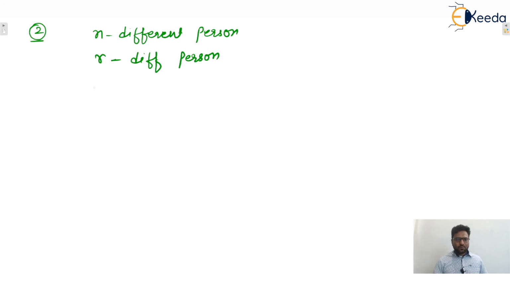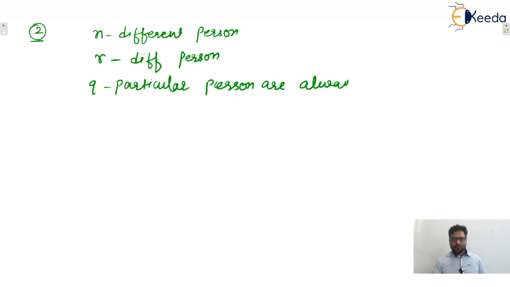Now the restriction is that q particular persons are always excluded. What will be the correct answer?